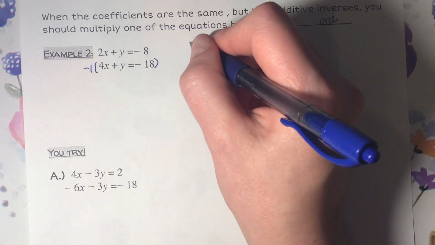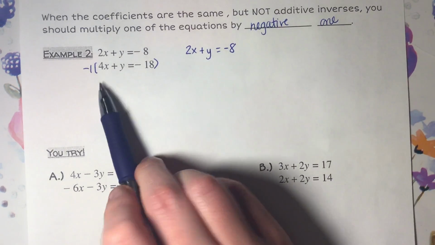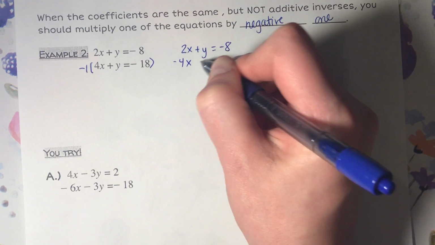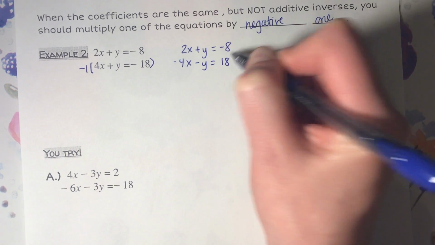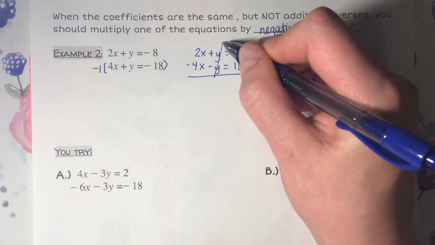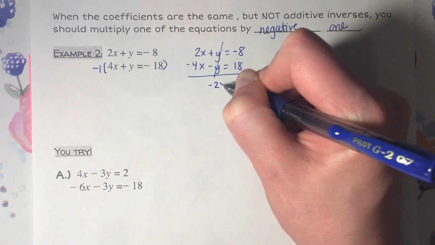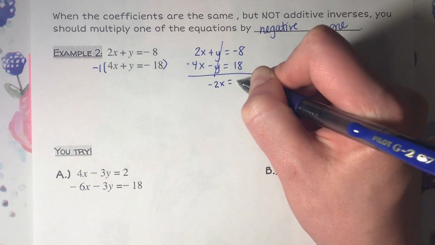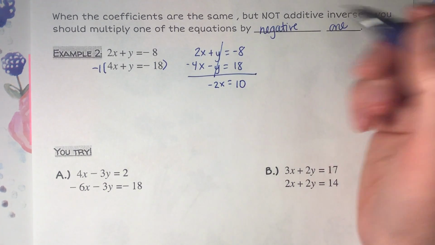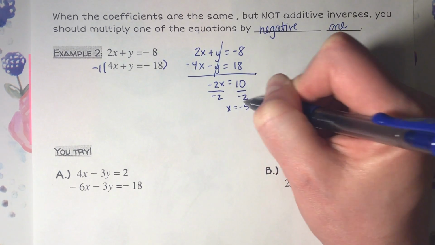So this is going to be 2x plus y is equal to negative 8. And now I rewrite the bottom, which is negative 4x minus y, which is equal to 18. Add them up. My y's now are eliminated. And I get negative 2x is equal to 10. Divide by negative 2 on both sides. X is equal to negative 5.